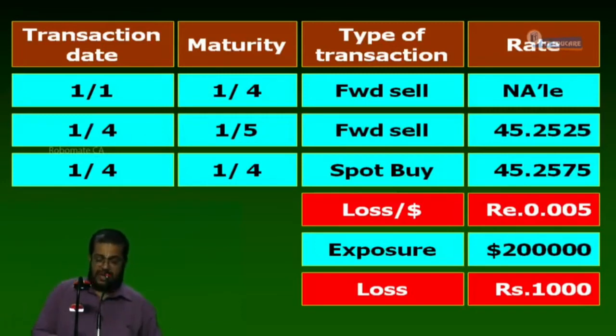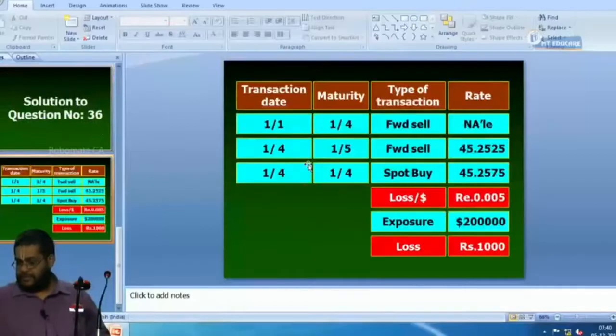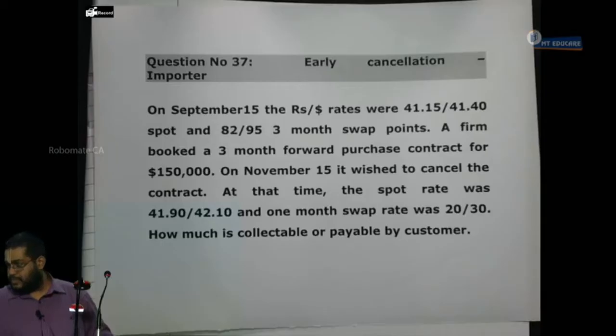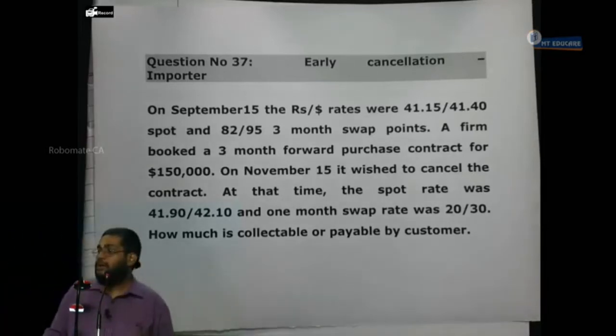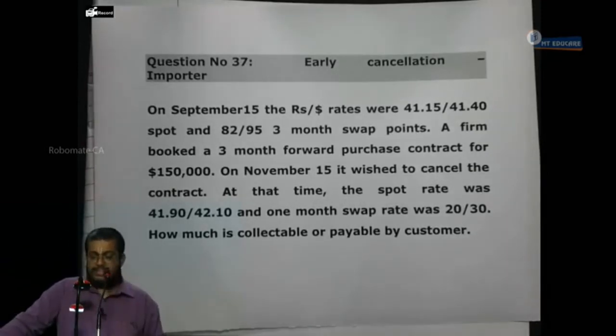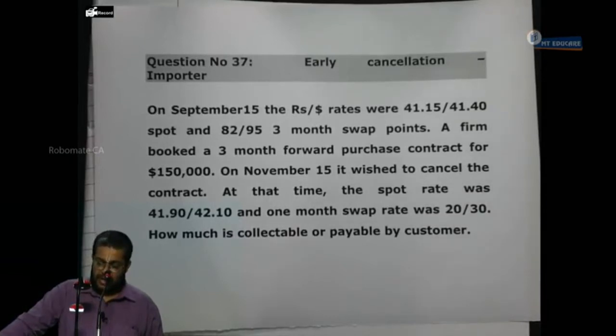Now, please take question number 37. On September 15, rupees to dollar rates were 41.15 and 41.40.